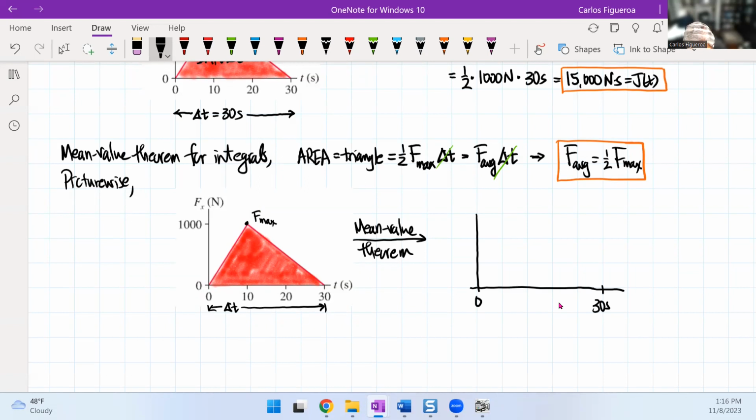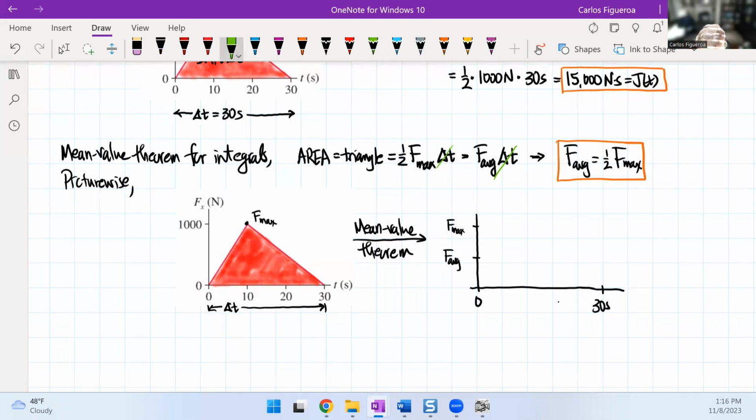I can create a second curve that has a height. If this is F max, I pick half that value, about right here. This is going to be the average value. If F max is 1,000, then divided by 2 gives me 500.